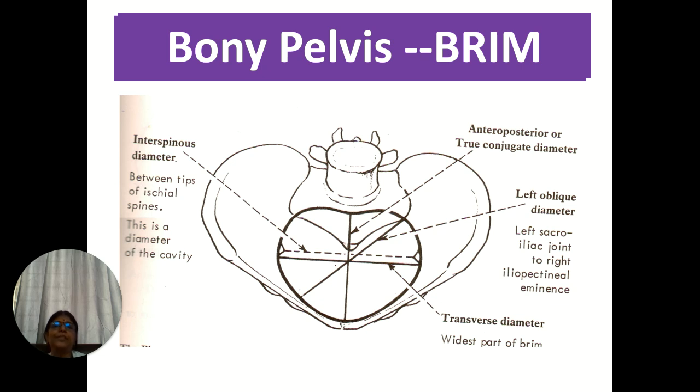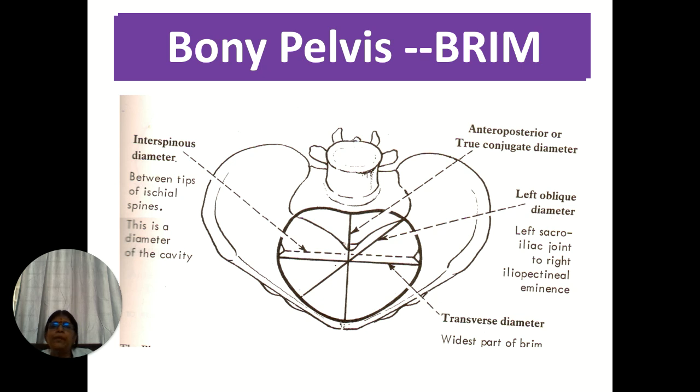Now coming to the transverse diameter, you have the anatomical transverse and the obstetric transverse. Anatomical transverse is one wherein the anteroposterior diameter is exactly bisected in the middle. Obstetric transverse is the widest part between both linea terminalis.